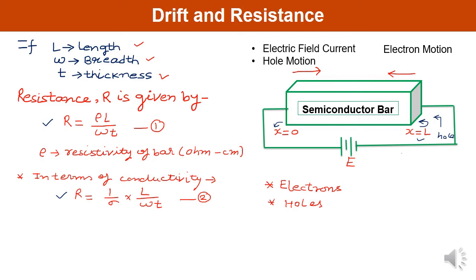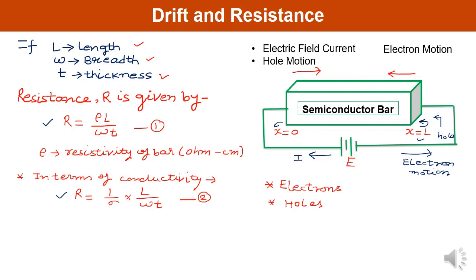You can mention the electron motion over here in this particular direction, and this electron is recombined with the holes, and this is the direction of the conventional current I. So this particular electron which recombines is actually supplied through the external circuit.